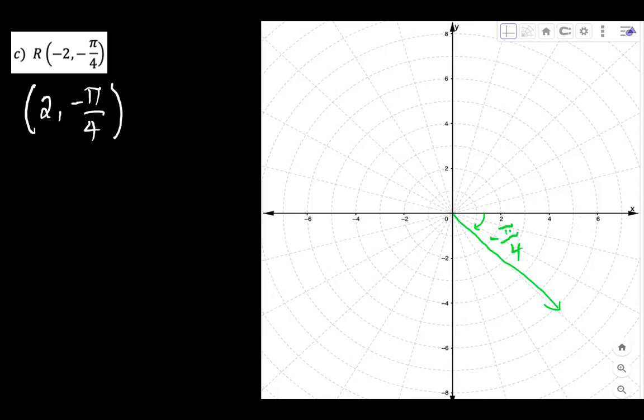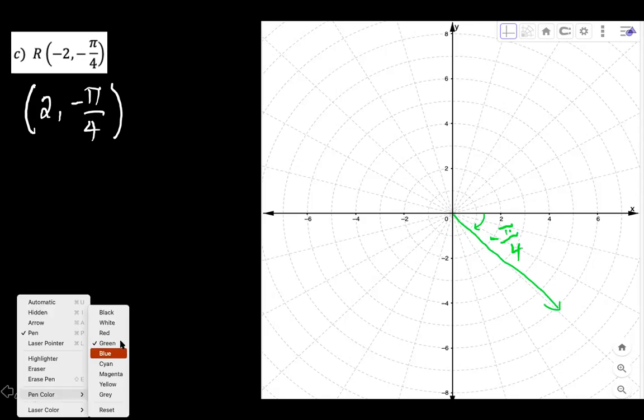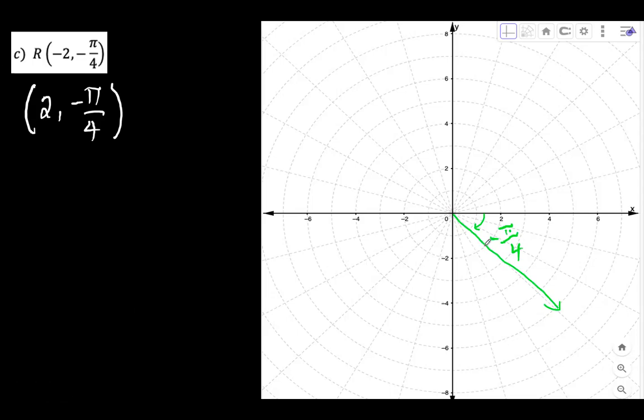All right, and since our radius is 2, let's plot the point 2. It can be found here at the second concentric circle. Second circle in the concentric circle, all right? It should be lying at this terminal side, okay?